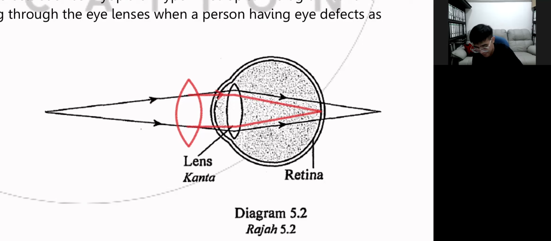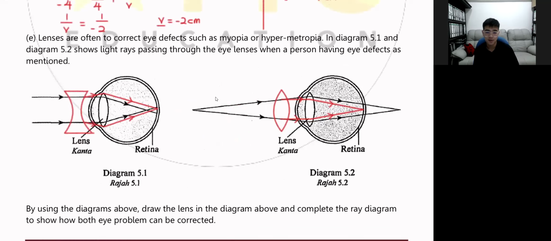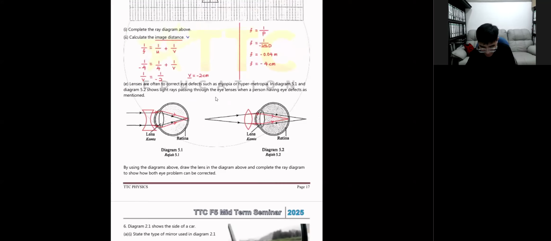It converges light rays. Make sure you remember all this for your exam. Remember to draw the directions of the light rays also, to show how the light rays travel. So that's the answer to the question.